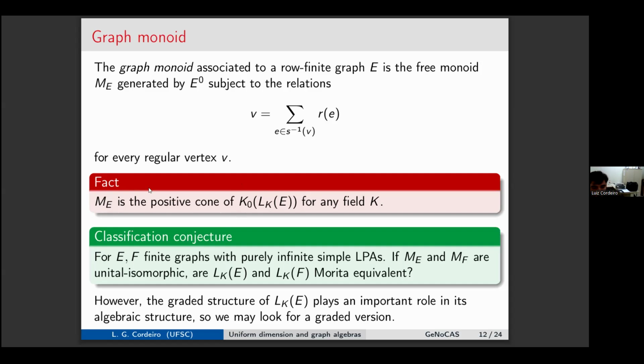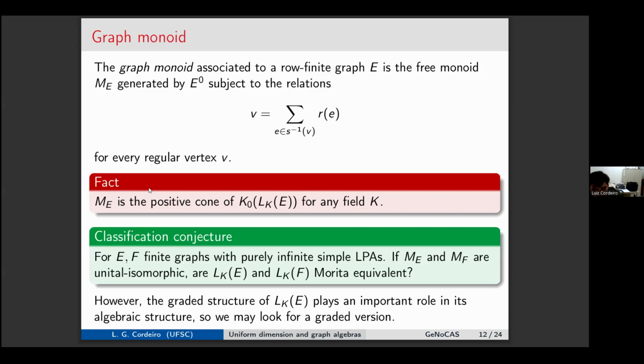Yeah, so here the assertion that it's the positive cone assumes that M_E is cancellative, right? Or, you know, if the algebra is purely infinite simple, then M_E is the same as K0, except that it has an additional neutral element. So it's not exactly cancellative. So the image of M_E is the positive cone.